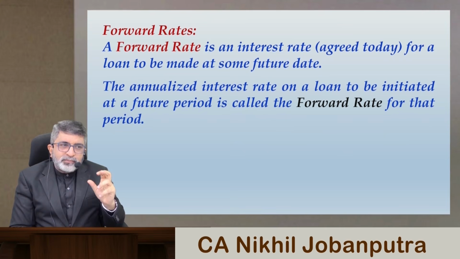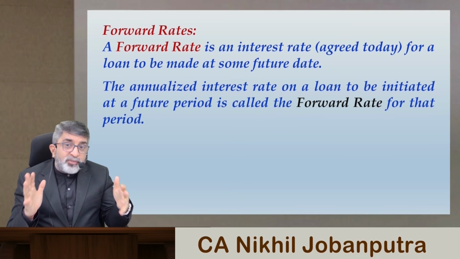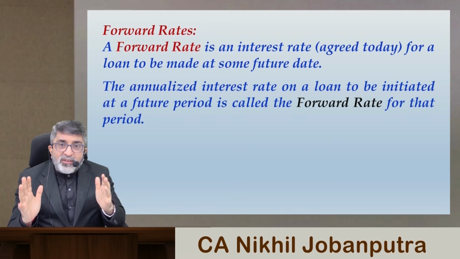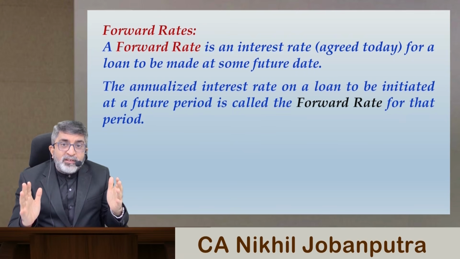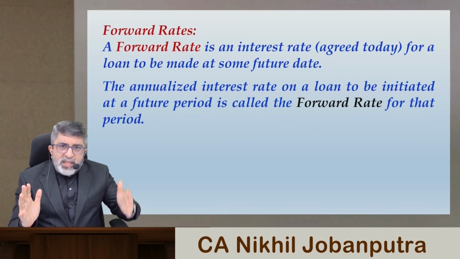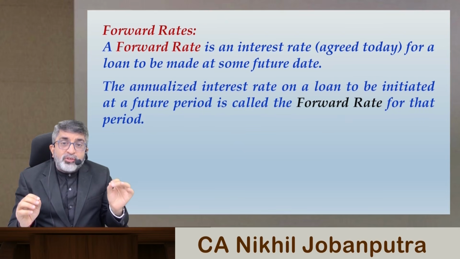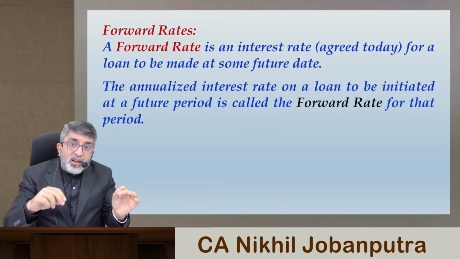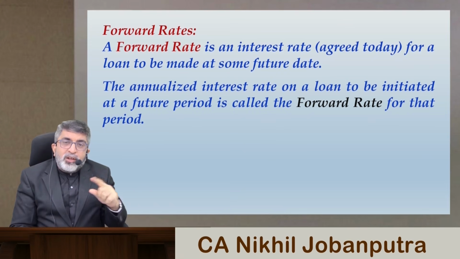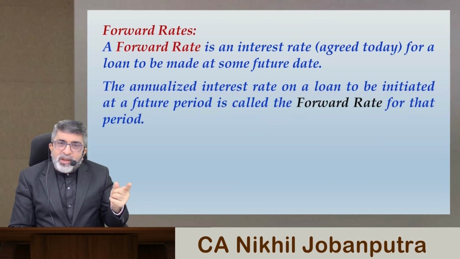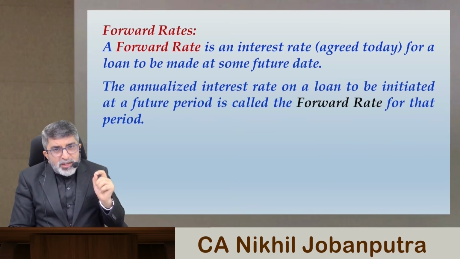Now what happens? We have seen the yield curve concept. So when you are plotting forward rates in a kind of term structure, meaning graphically you are trying to plot forward rates for year 1, 2, 3, 4 and so on, and you are indicating the term structure of interest rates in the format of forward rates, the curve that you get, and obviously you are not going to get a straight line, is called the forward curve.